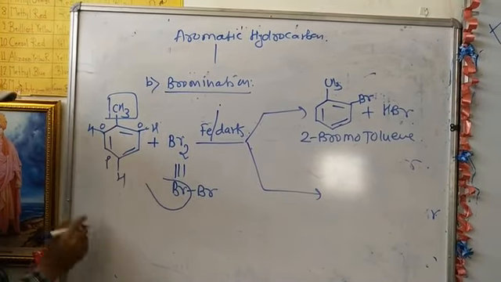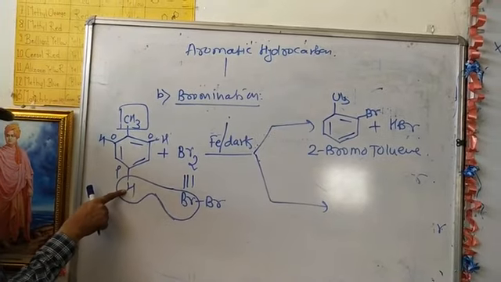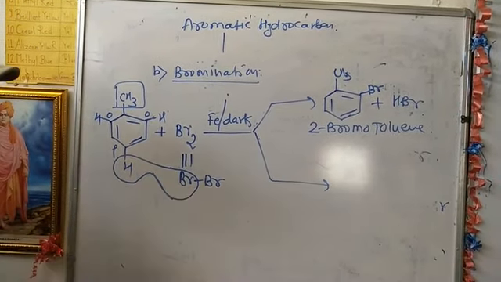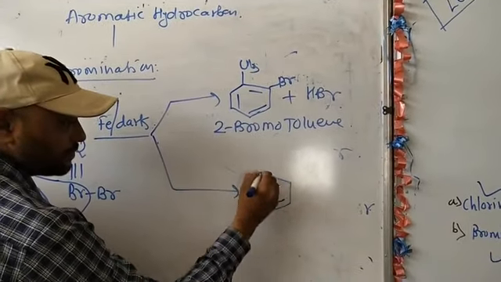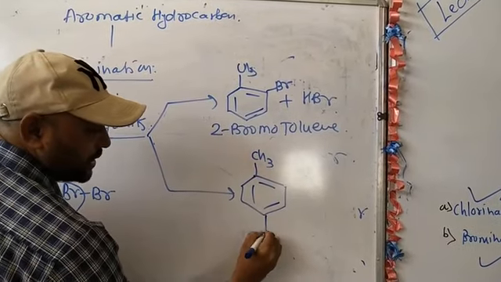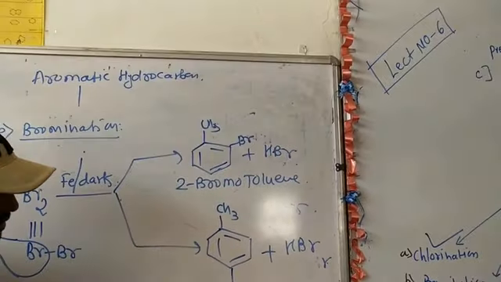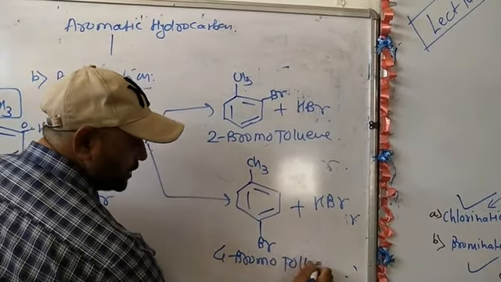Since it is para directing, hydrogen is replaced from the para position by one bromine from Br2. So the second product obtained, CH3 here Br plus HBr. So the name of this compound is 4-bromotoluene.